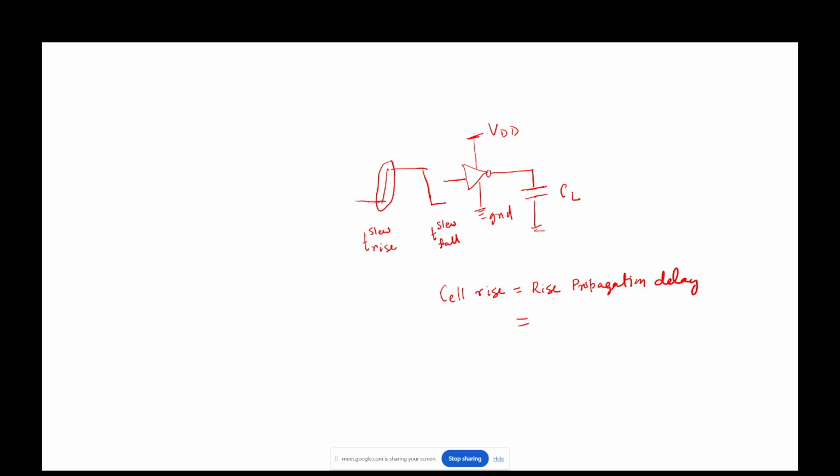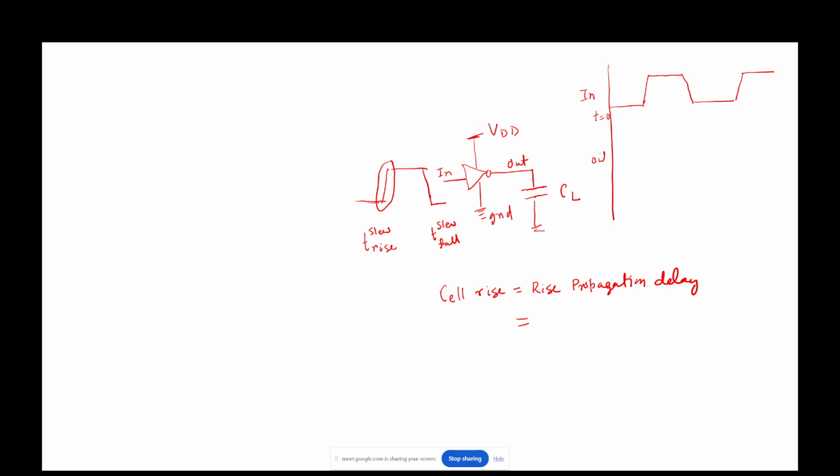How do you define the cell rise? Basically, if I plot on the same scale, let's say this is my input waveform, this is t equal to 0. This is in and this is out.